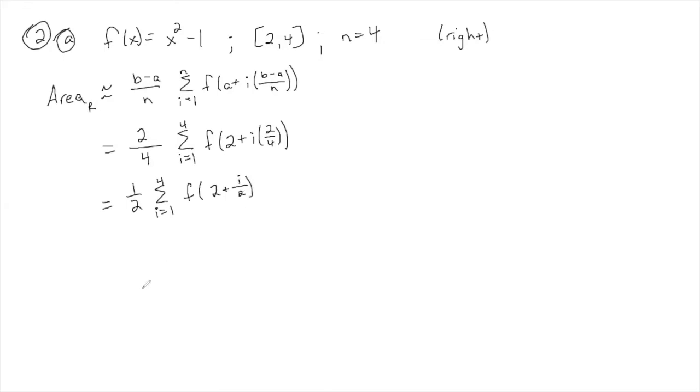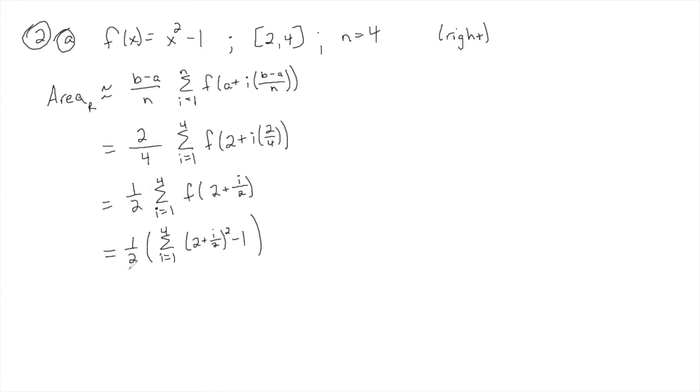Okay. And it also says to evaluate this thing, right? So I have to keep going and start evaluating. So I'll put this in parentheses just because it's going to get a little messy. And I get 2 plus i over 2 squared minus 1. Okay.